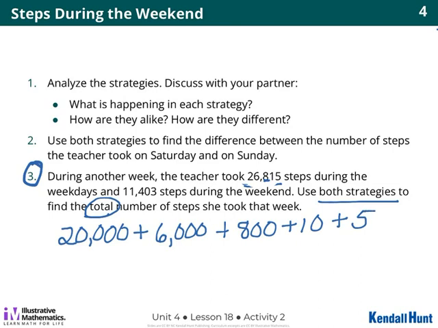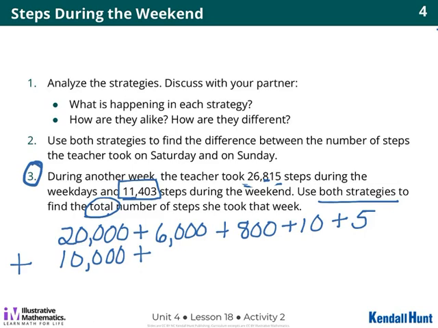Now, I'm adding, right? So then, I look at my next number. And again, I just go by place. What is the value of that first one? 10,000. So I'm lining up my digits still, just like I would with the standard algorithm.